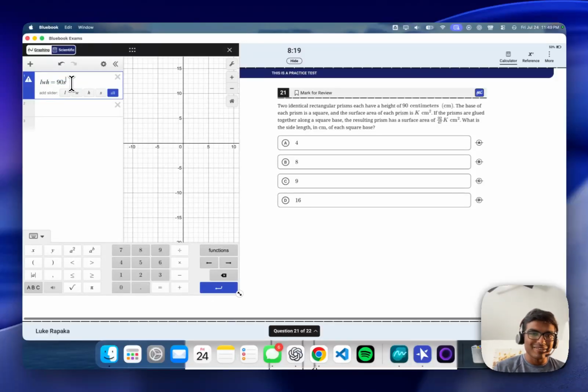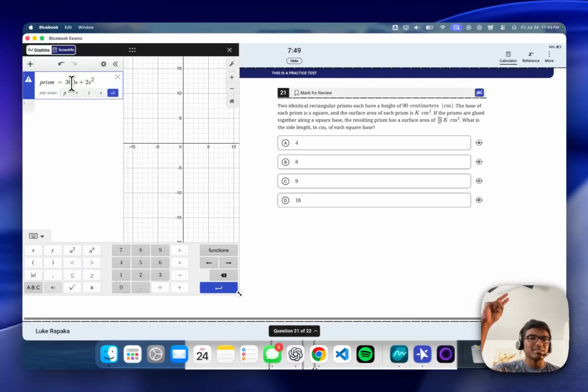So it would be the surface area for one of those prisms. So you have s times 90, right? And you have four of those, because you have four sides of the prism. And then you have the two bases. So this would actually just be 360 s plus 2s squared.